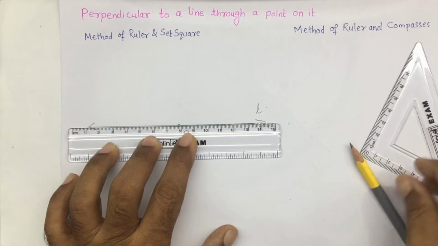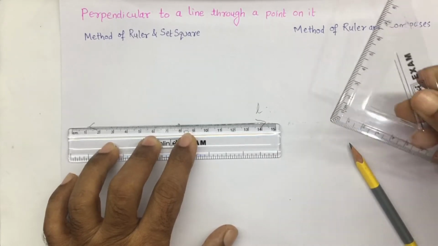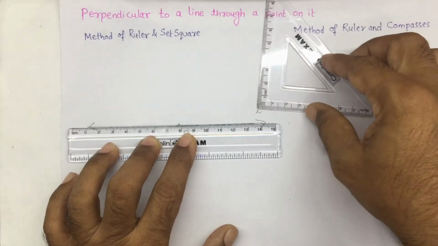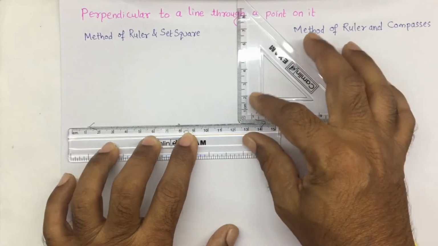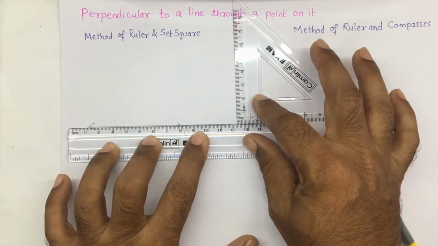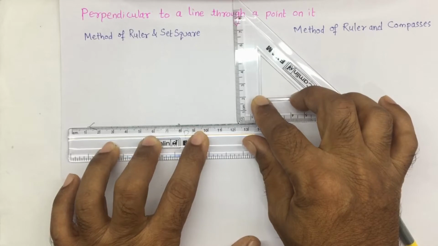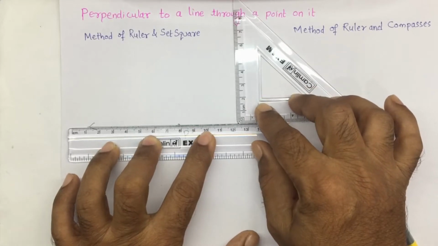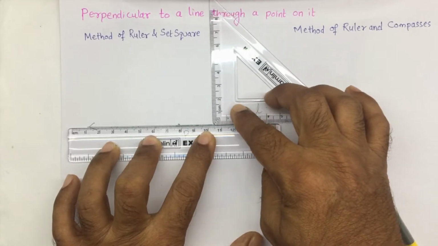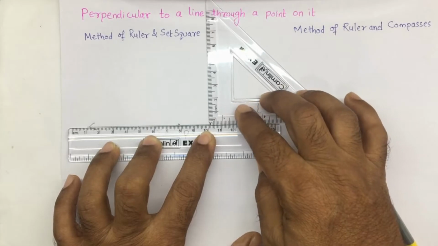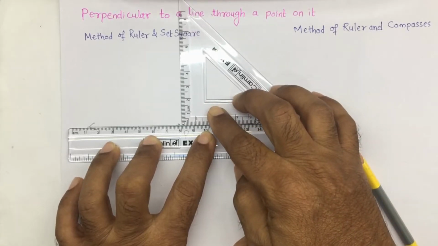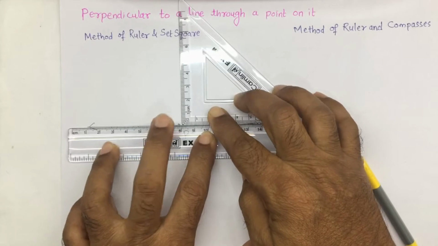Now take a set square, any set square, and keep one edge of the set square against the edge of the ruler, both touching each other, and now move that set square till you reach the point.